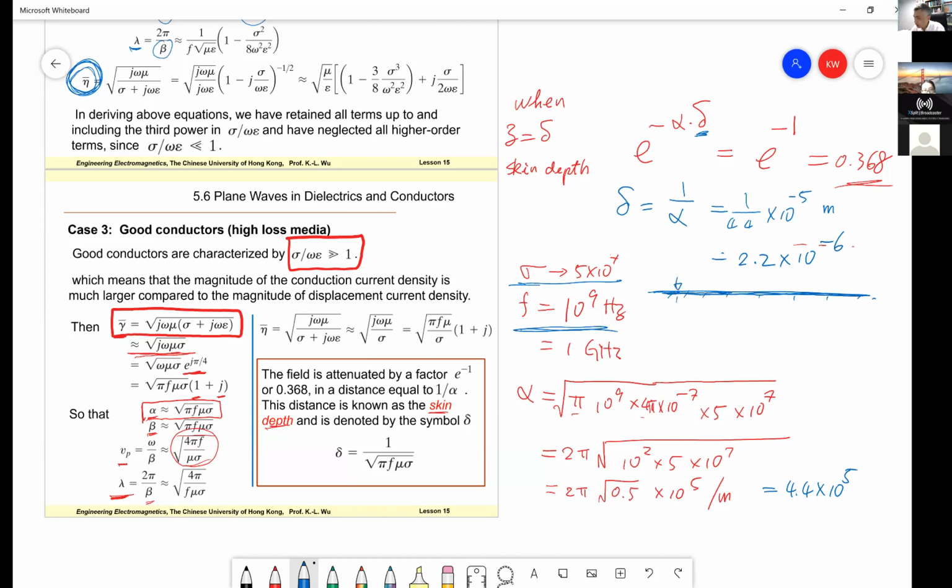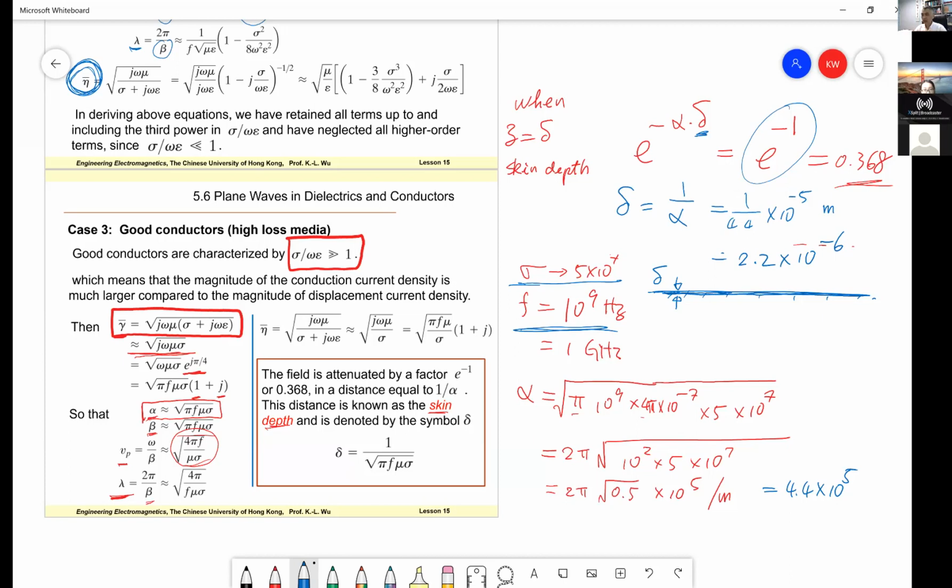This thickness is the skin depth. So the wave attenuates that much. We call this depth the skin depth.